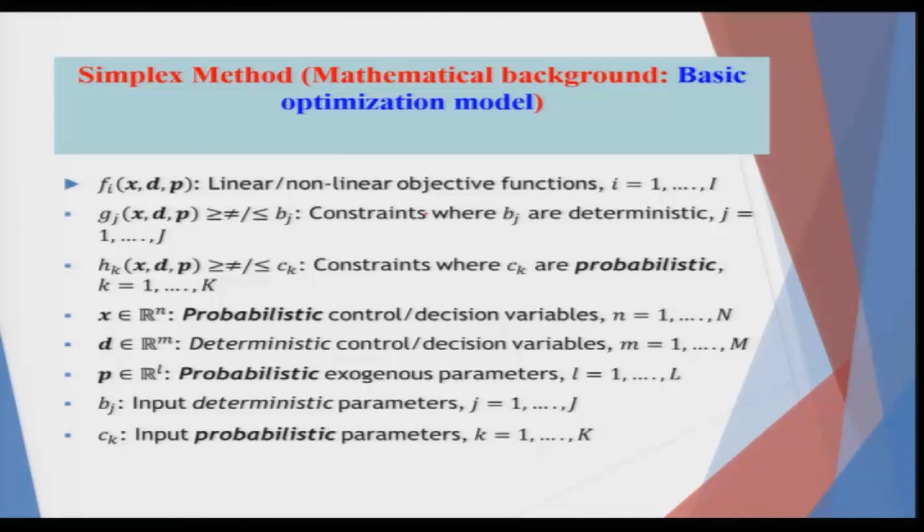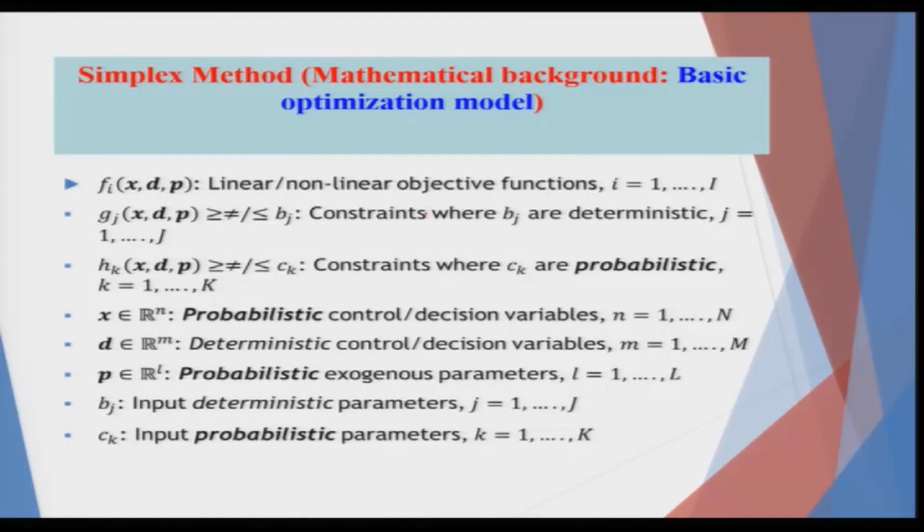The second part, okay, I basically swapped the explanation of the deterministic and the probabilistic one. Hk's would basically be again the equation on the left hand side, which is a function of x, decision variables, d, deterministic parameters, p, probabilistic parameters, and the constraints would be equivalent to Ck, which are probabilistic in nature, and they are capital K in number. Similarly, the first set of constraints is capital J in number.